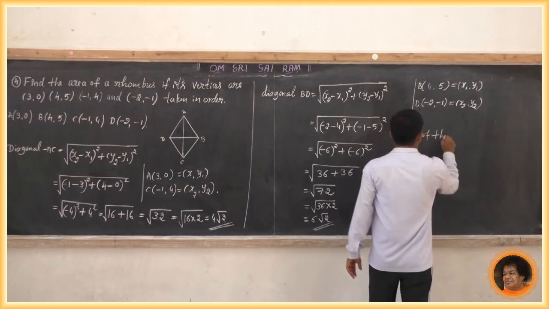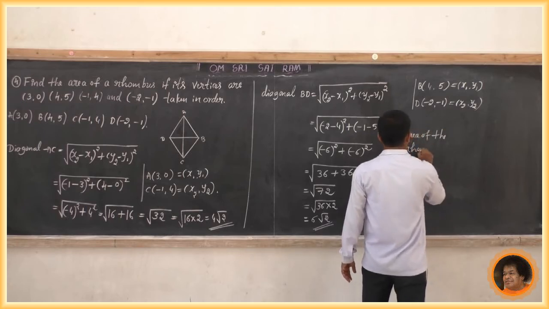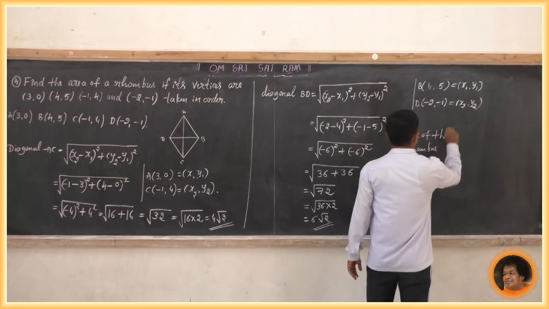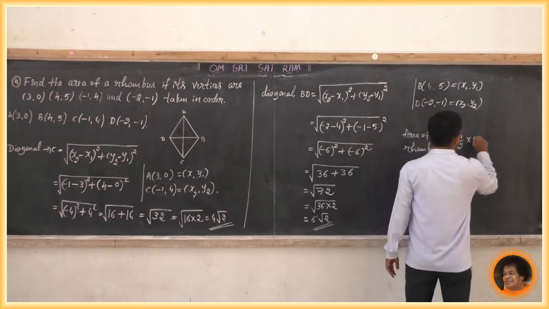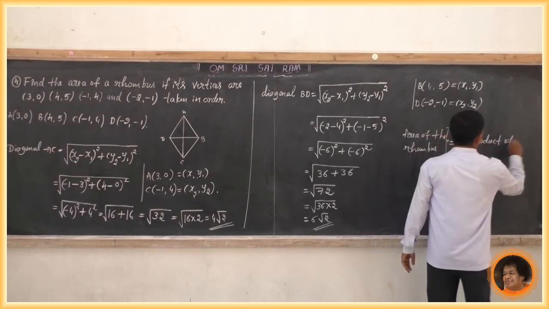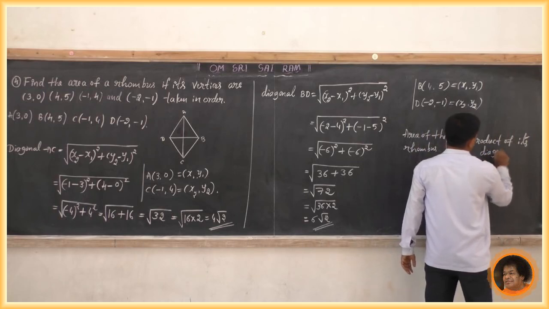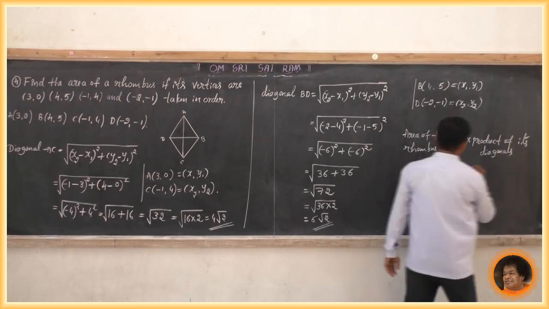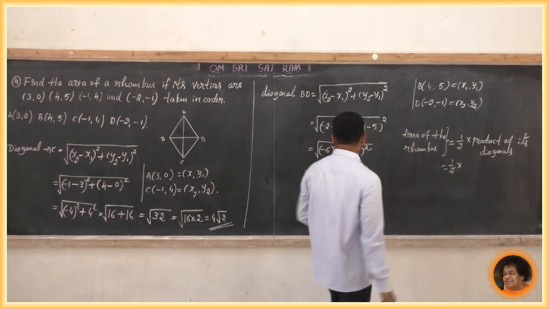So area of the rhombus equals half into the product of its diagonals.